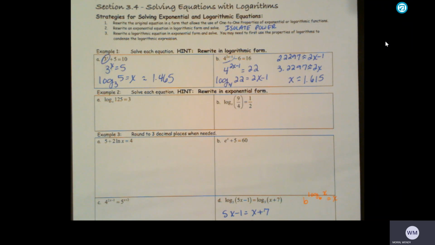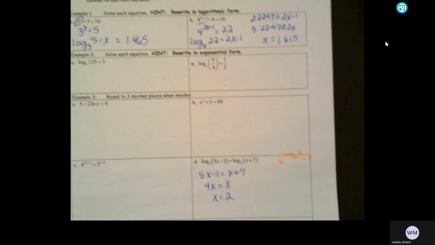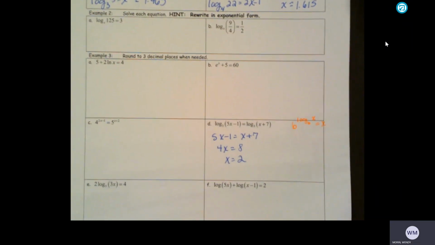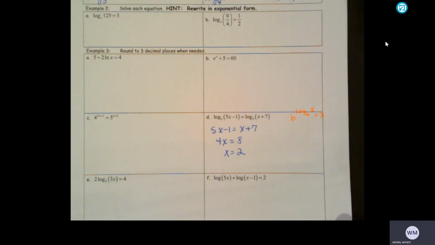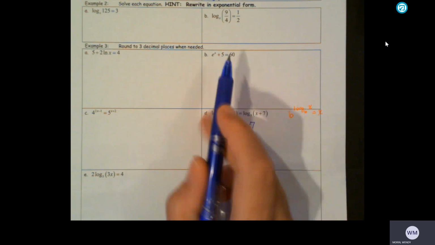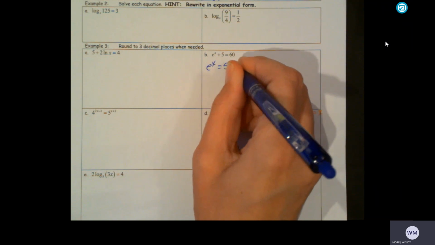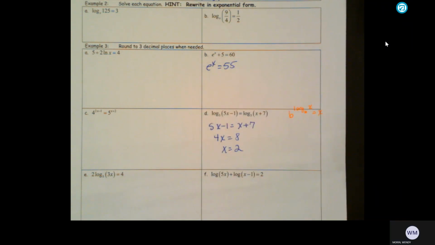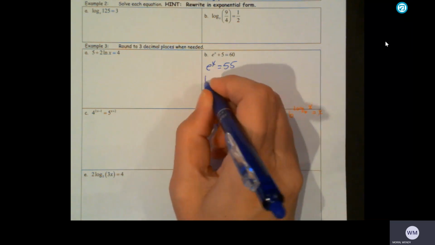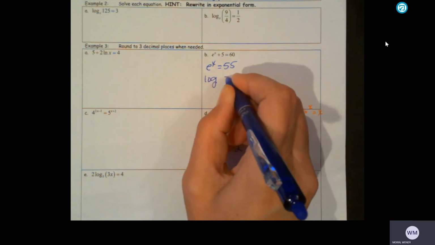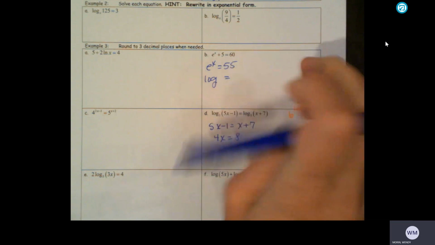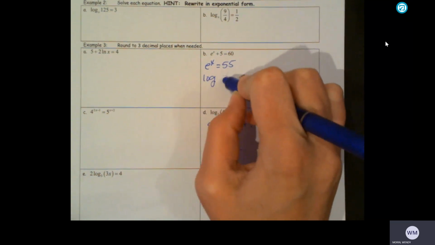Okay? Let's take a look at B. Let's do all of the exponentials first. Exponential equation. Isolate the power by subtracting 5. Change to log form. A log is equal to the exponent.